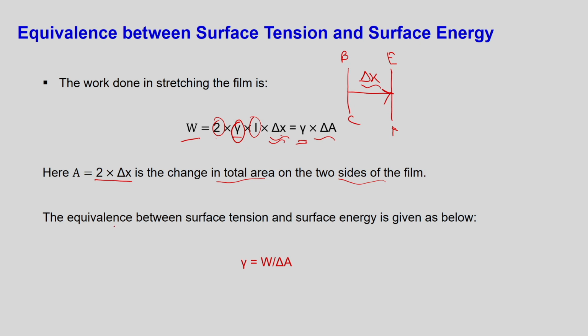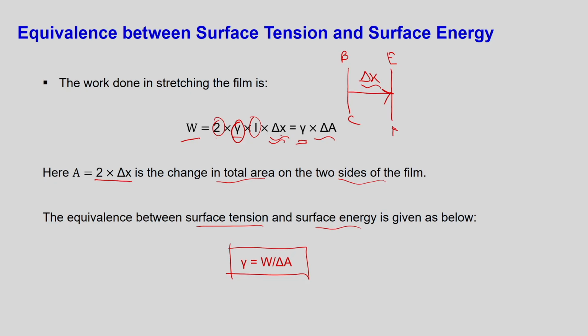Okay. So, what is the equivalence now between the surface tension and surface energy? Surface tension is nothing but work done per change of area. It is the work done in increasing the surface by delta A amount, that is called surface tension.